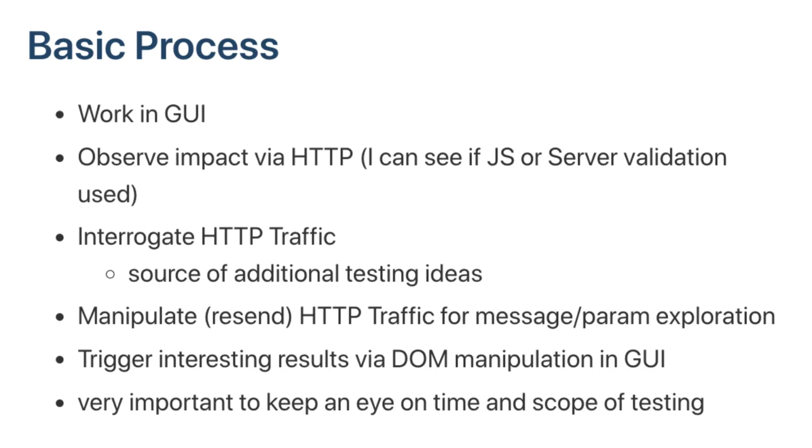I interrogate the traffic after doing something to see what it is, to gain more information, to build a better model of the system and how it works. I might manipulate the traffic, so resend it to repeat the same action, but with some variables changed, because it's faster doing that than it is doing it in the GUI.